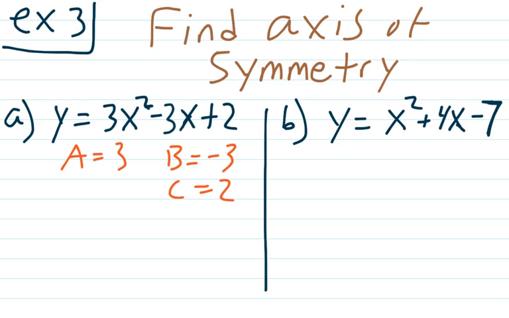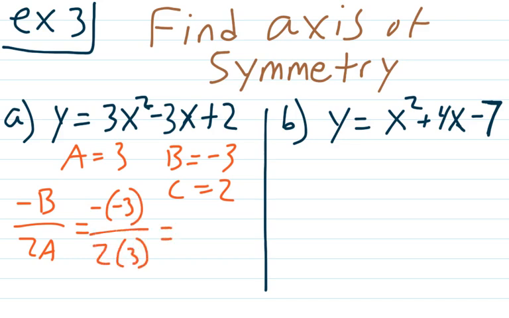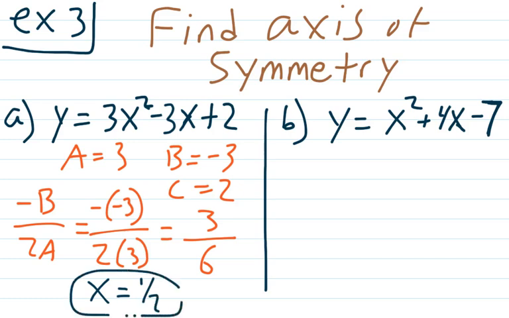So it's negative b over 2a, which is going to be -3, because b is -3, over 2 times 3. That's going to be +3, because it's -3, over 6. This means your axis of symmetry is x equals 1/2. That's your axis of symmetry, AOS for short.